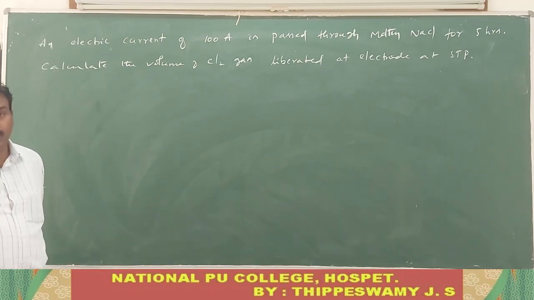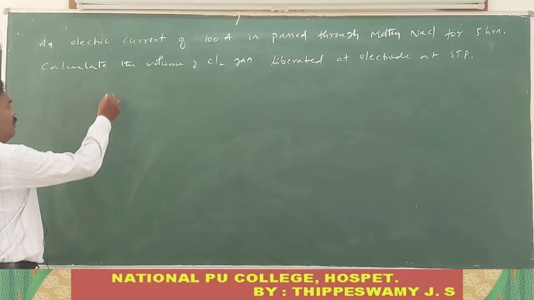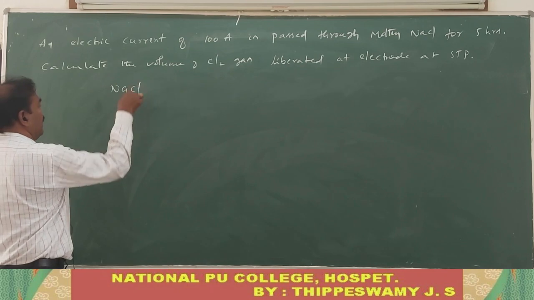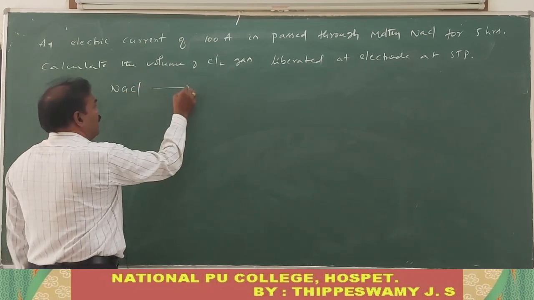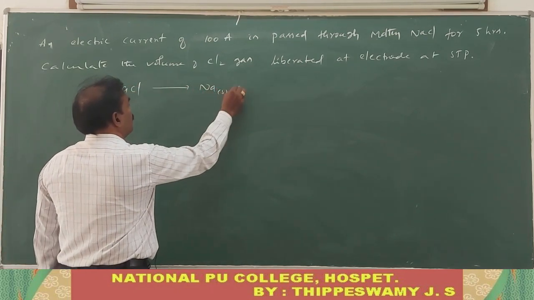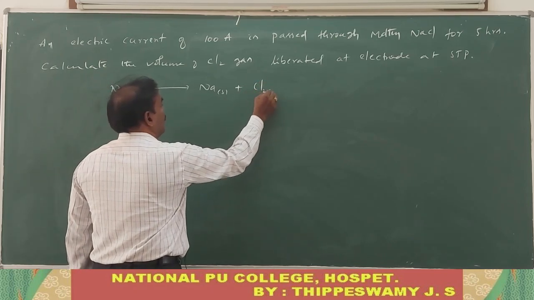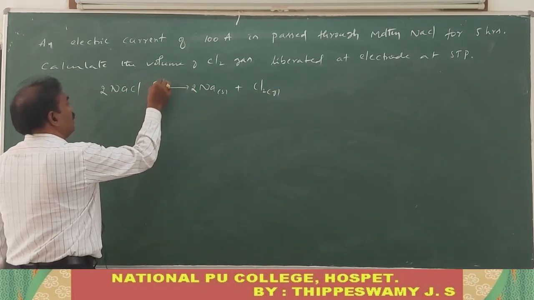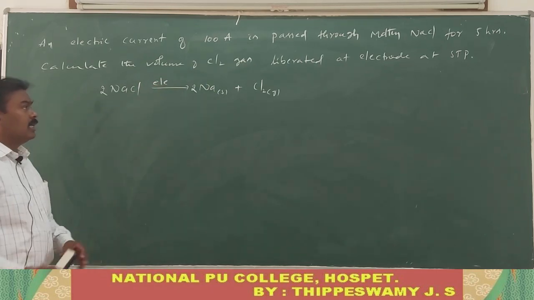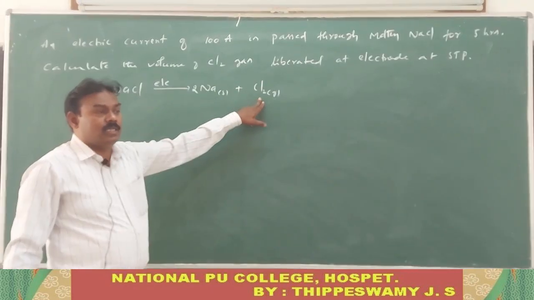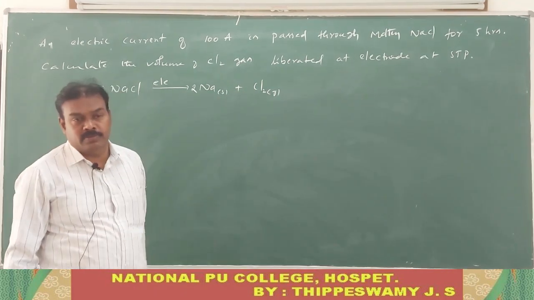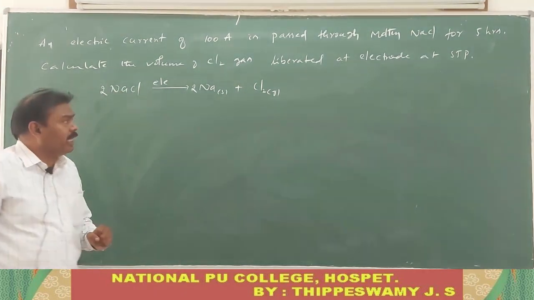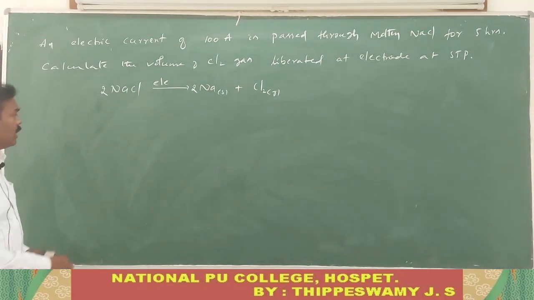Here we know that regarding NaCl, it is converted into sodium solid and then chlorine gas. We take 2 moles, here 2 moles. Here by passing electricity, chlorine will be discharged at the anode. Following all of you?